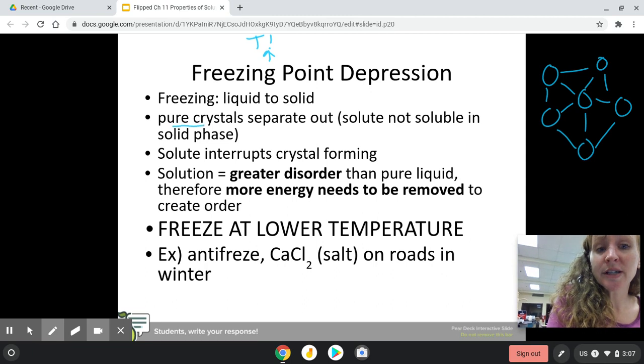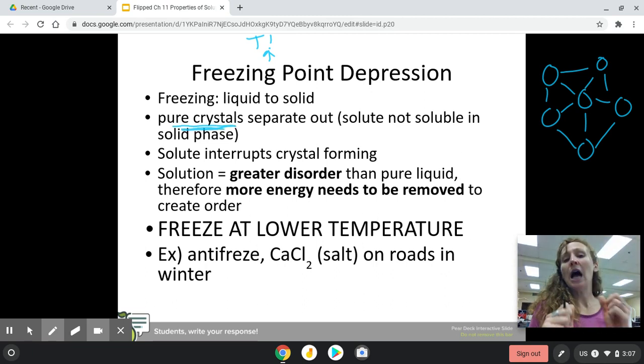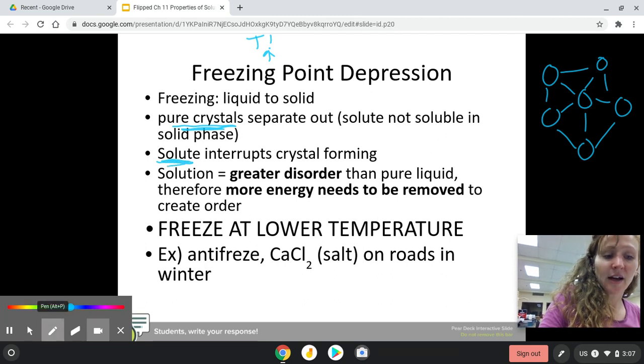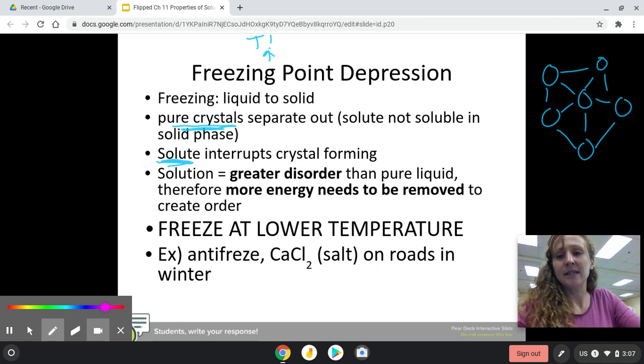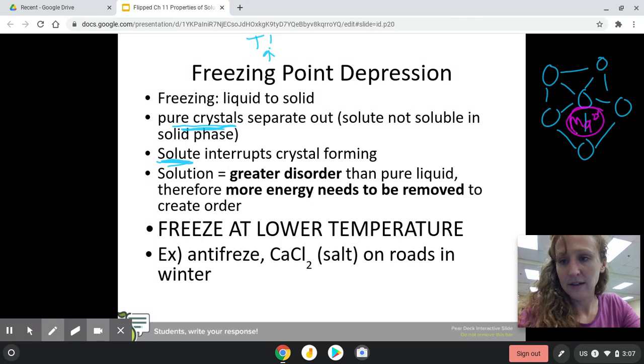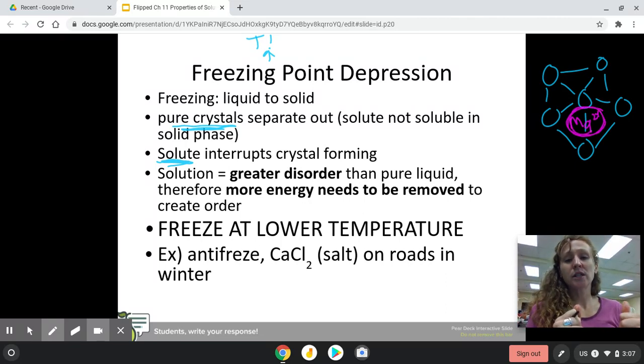So for pure crystals to lock into place, they need to have that molecule to molecule attraction. If you have a solute in there, like a salt, maybe magnesium chloride, let's put a magnesium ion in here. If you have that ion in there, it's going to disrupt this crystal forming process.